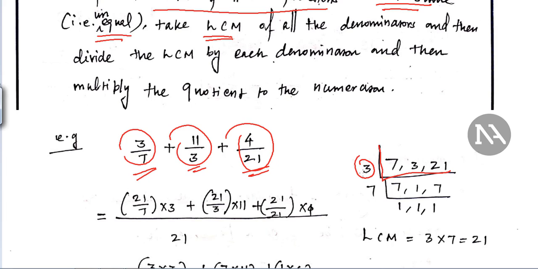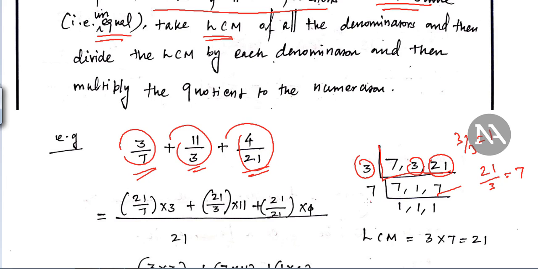Suppose I take 3 here. 3 will not divide 7, because 7 is not divisible by 3. But you can divide 3 by 3, and 21 is also divisible by 3. So 7 3s are 21. 3 divided by 3 is 1. 21 divided by 3 is 7. And you write the 7 as it is.